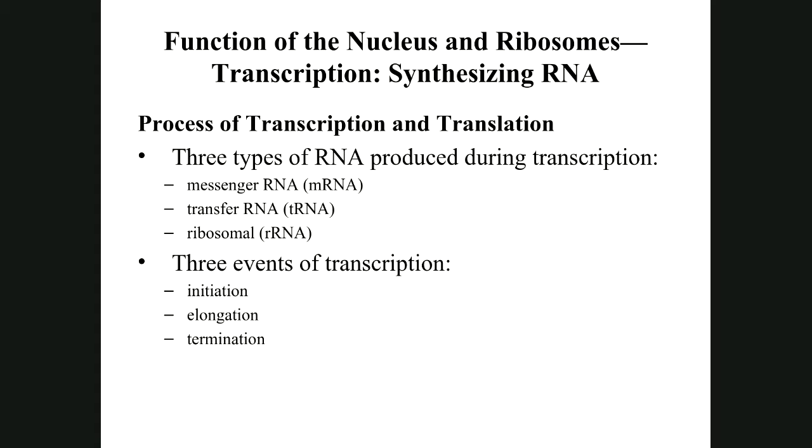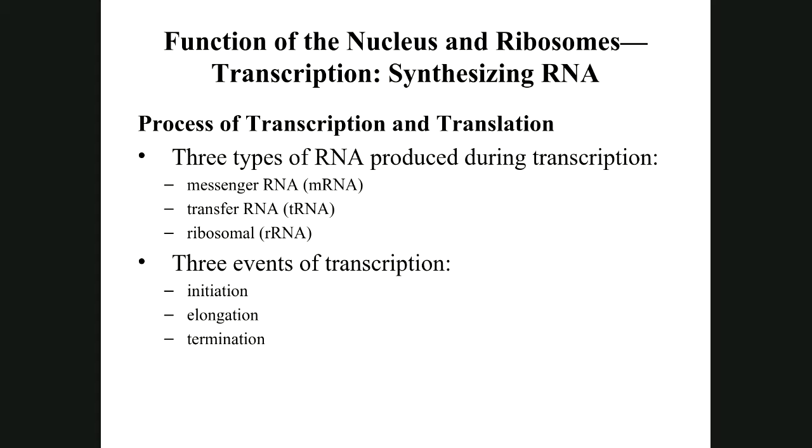Three forms of RNA typically act together to carry out DNA's instructions for polypeptide or protein synthesis. Starting with messenger RNA, it carries the coded information to the cytoplasm where protein synthesis occurs. It is the messenger.